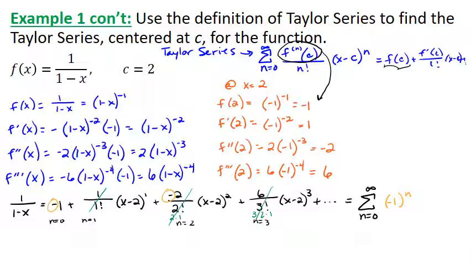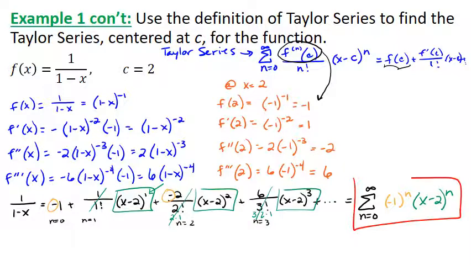So you will find that these coefficients will all cancel, leaving you only with this piece. And the only thing that changes is the exponent. So this becomes x minus 2 all raised to the nth power. And this here is our Taylor series. Done.